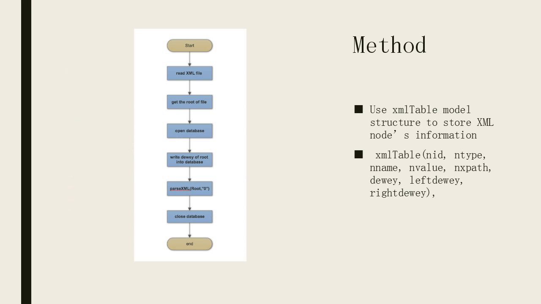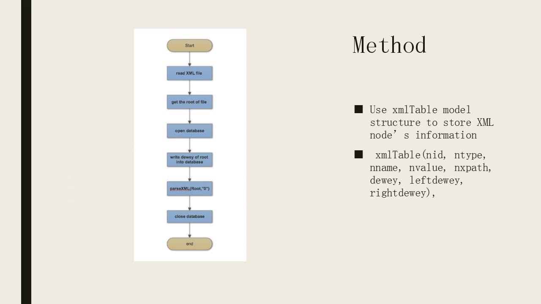And on the left part we can see the flowchart of our algorithm. First we load our CHAML document. Then we get the root of the file. After encoding the Dewey, we write the related part into the database. Then we handle the left tree node using a recursive call.